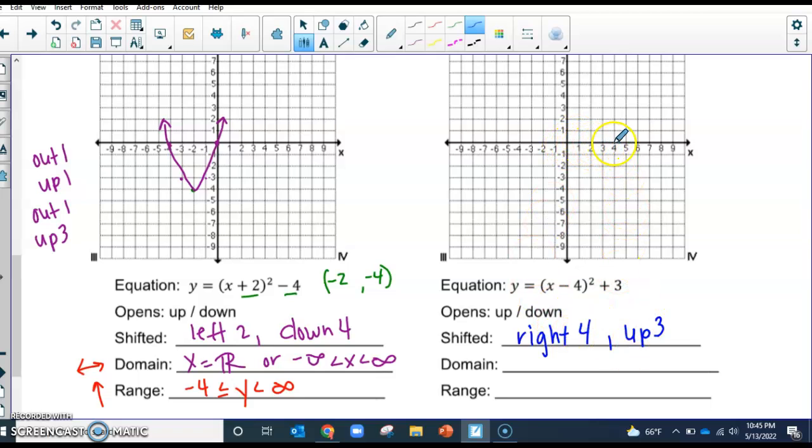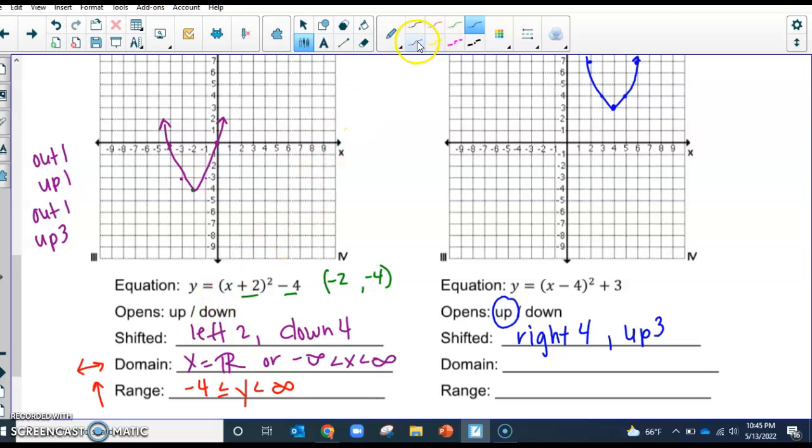So this one's going to be to the right 4 and up 3. Here I'm going out 1, up 1, out 1, up 3, out 1, up 1, out 1, up 3. Notice it's not flipped, so it is opening up. And I can draw my parabola.